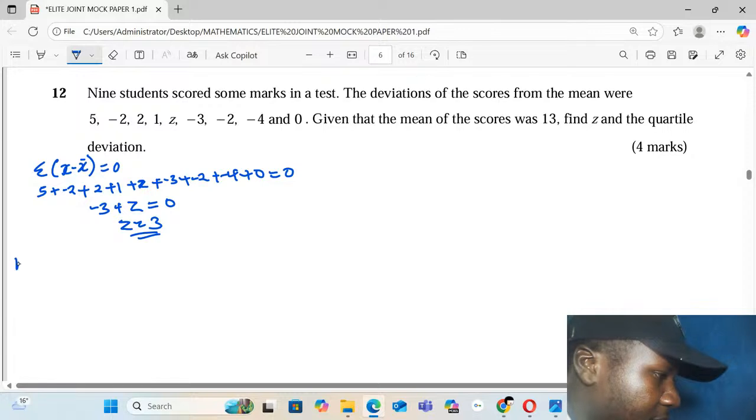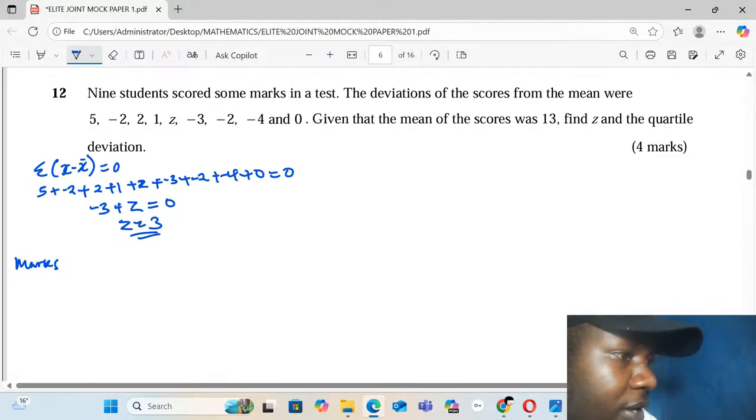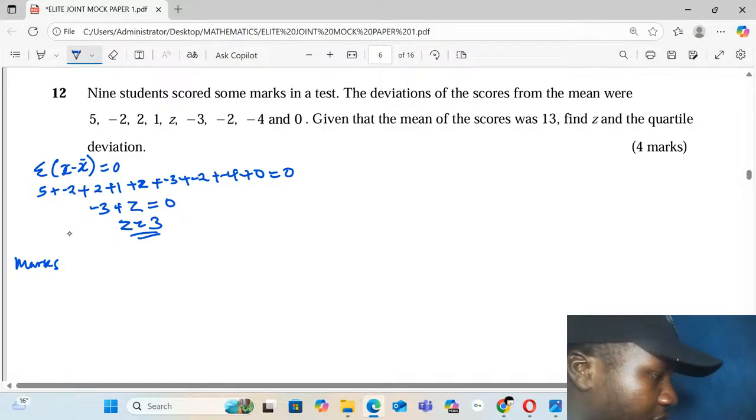Then the marks. To get the marks, you take each deviation plus the mean. Then we shall arrange in ascending order. The first mark is 5 plus the mean, which is 13. The next one is -2 plus 13.